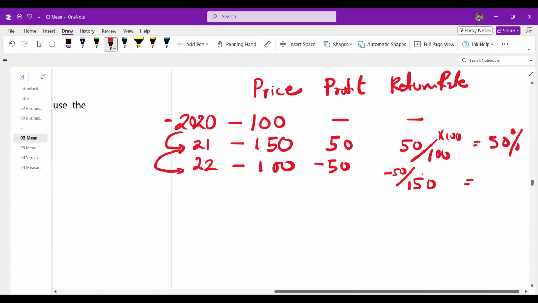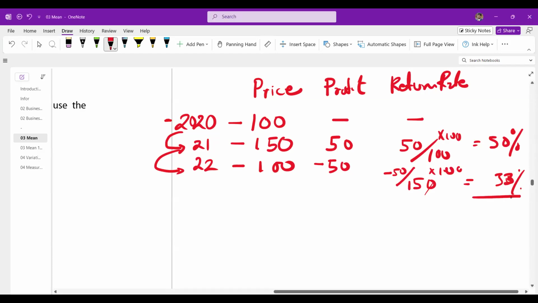What is the rate of return? 50 over 150. It should be 0.333, so about minus 33%.